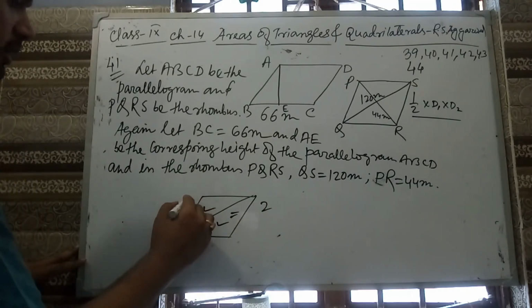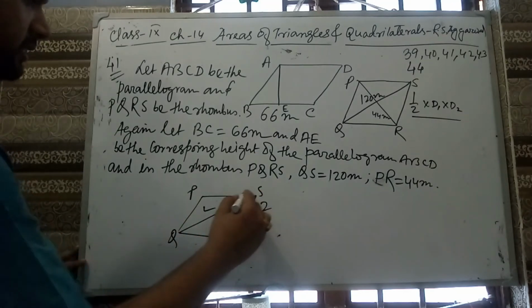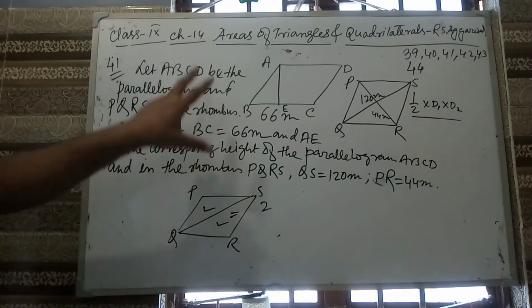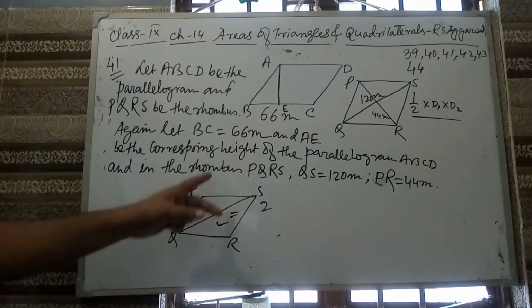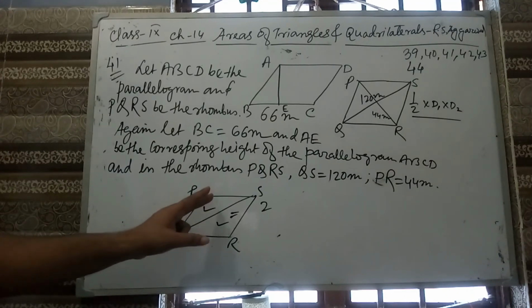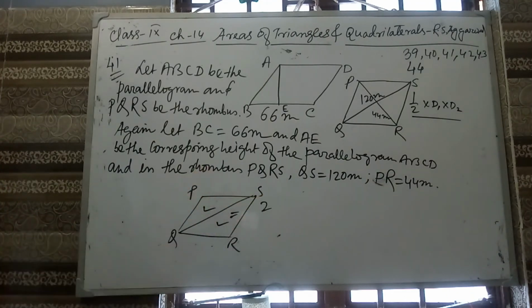Suppose this is PQRS, a parallelogram. That is apart from this question 41, I am discussing the relationship between area of the triangles formed by joining a diagonal and the parallelogram.